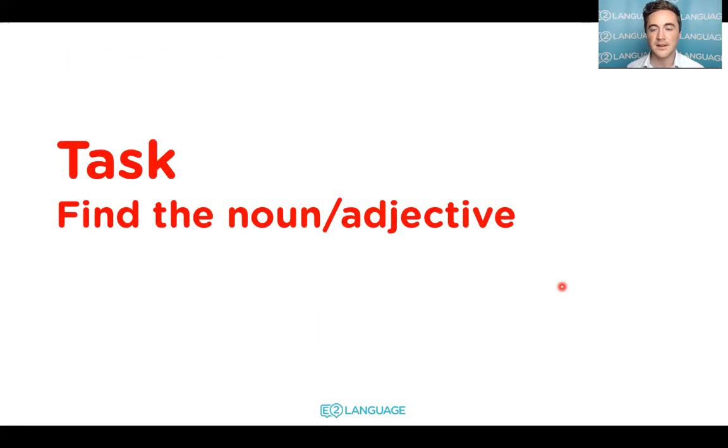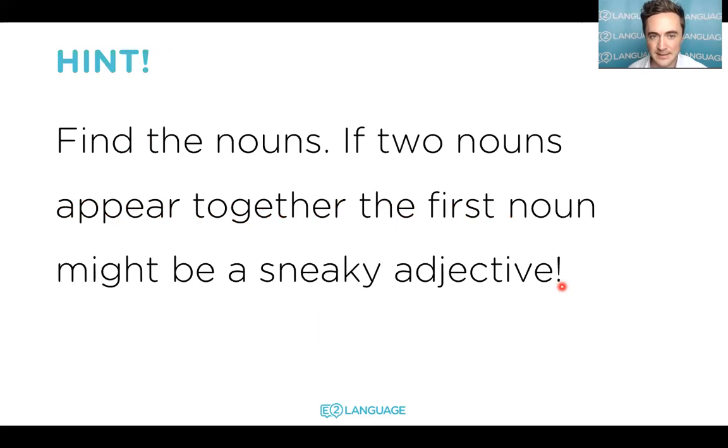Weird. I want you to look at this paragraph and find the noun adjectives. I'm going to give you a hint. To find the noun adjectives, first you need to find the nouns. Okay, so go through, use your understanding of using the word to find the nouns.